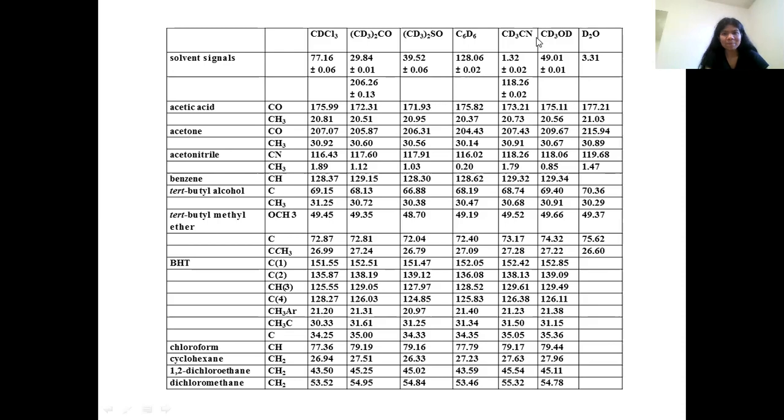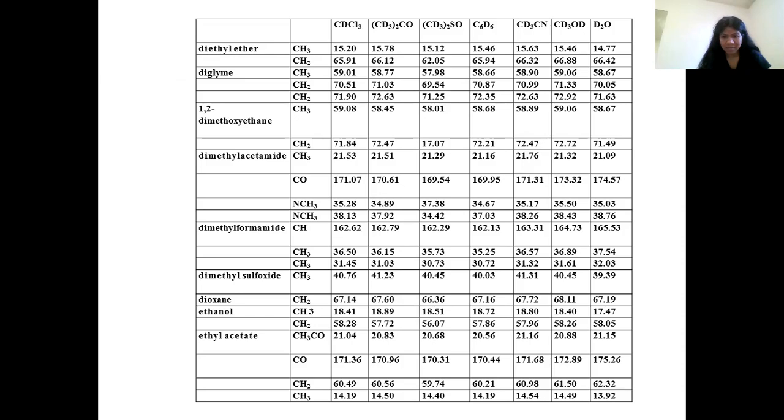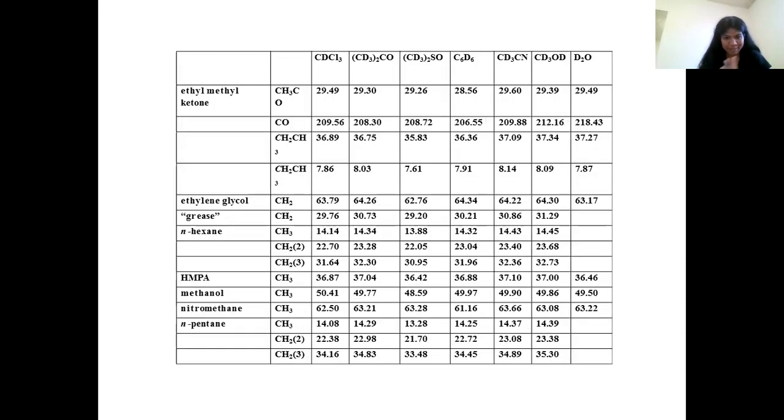So the rule is the same. You check the solvent you are using for taking NMR, and you look for the impurities or other solvents which you have used in your synthesis procedure, right? This table continues, and you have to check all of these. I think these tables will be of great use to all of you. You can check them.